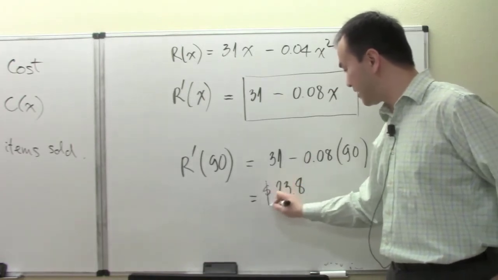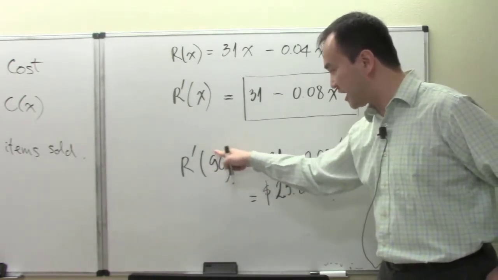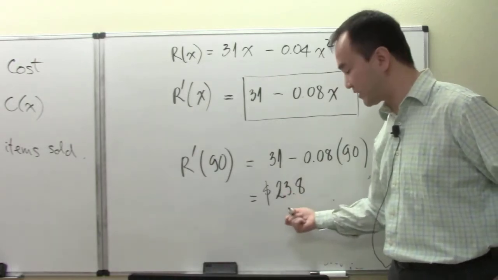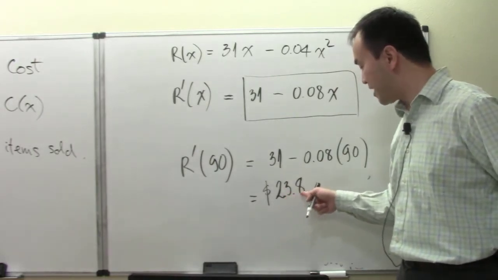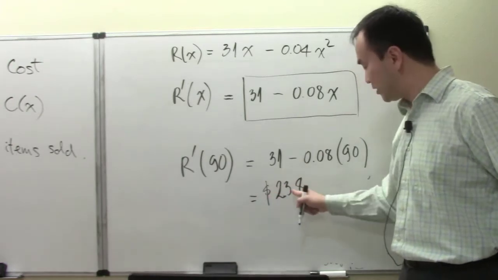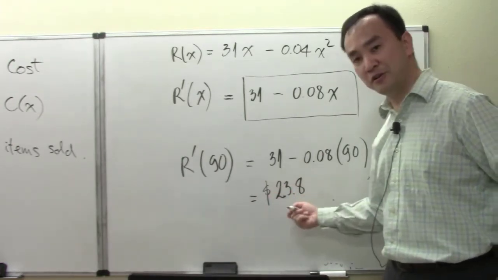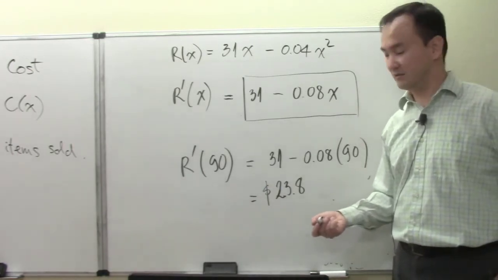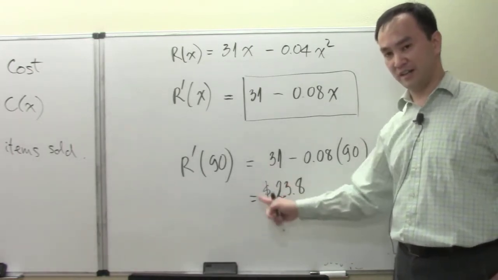So this means when we are selling precisely 90 units, we are making instantaneously as a rate, 23.8 is a positive quantity, $23.80 per unit.